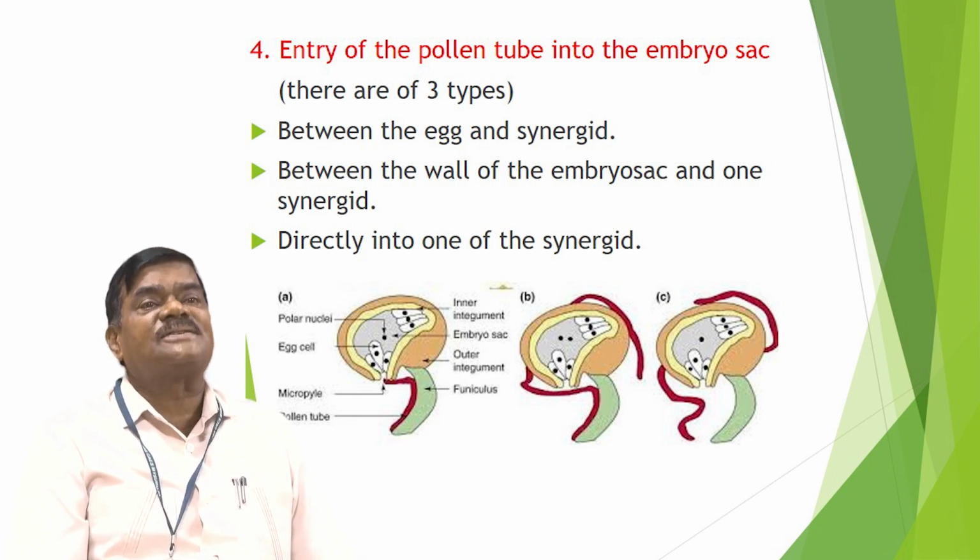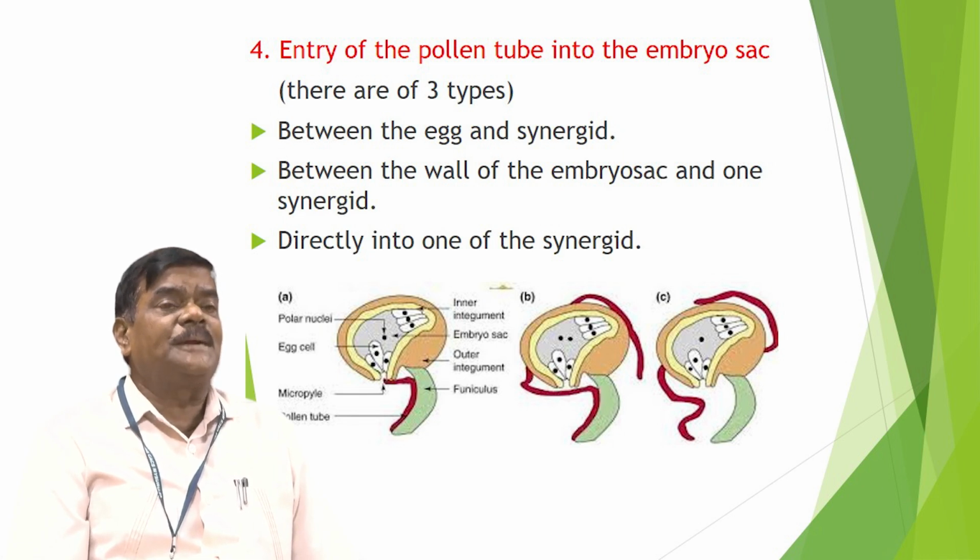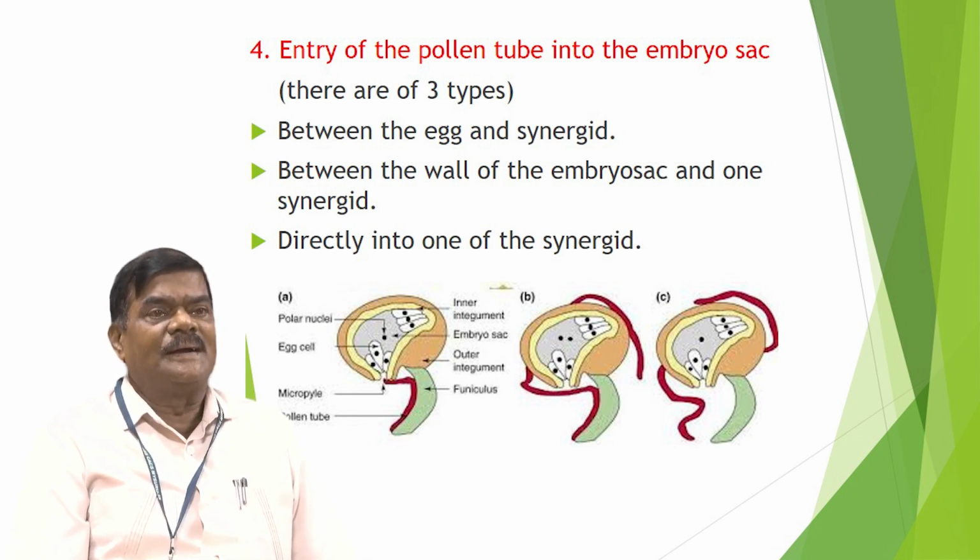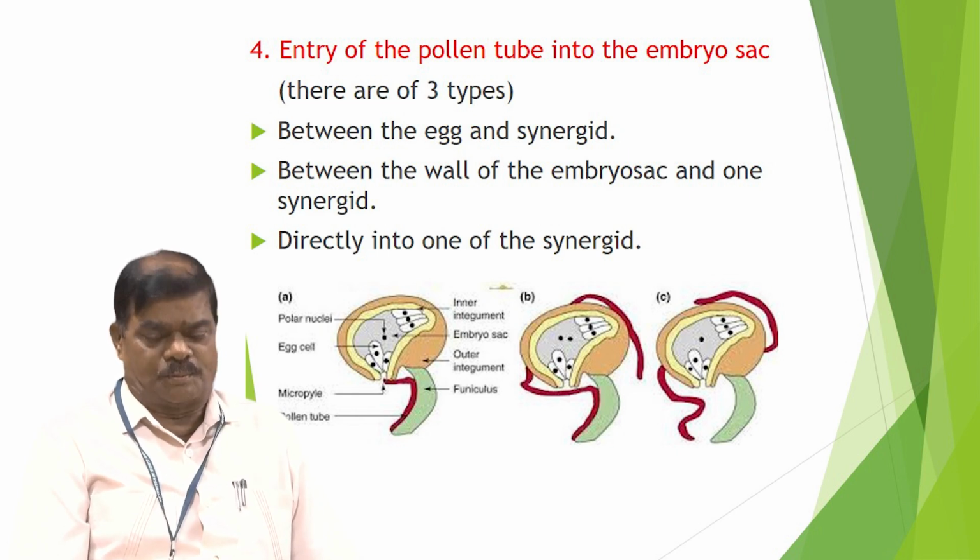Ultimately, the accepted path is always that the pollen tube pierces through one synergid. When it pierces into the synergid, the filiform apparatus will secrete chemicals and burst the tip of the pollen tube.